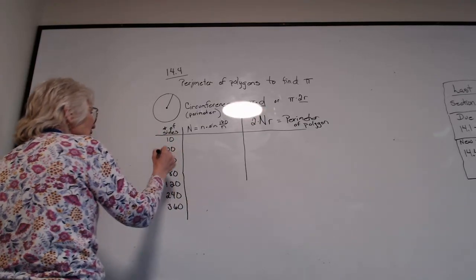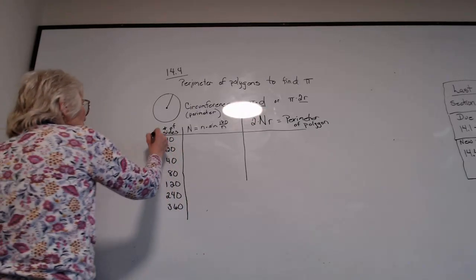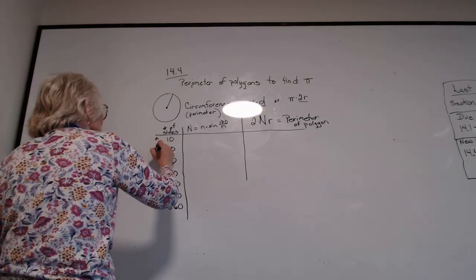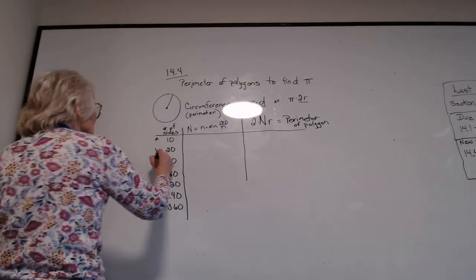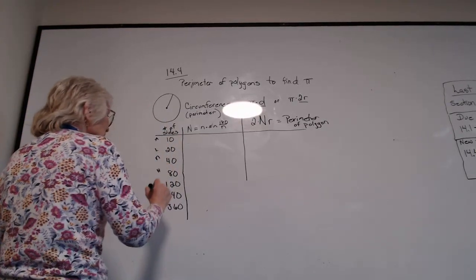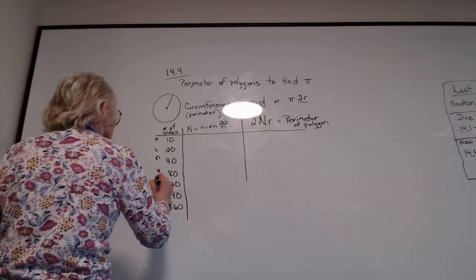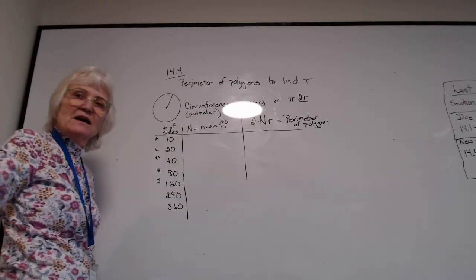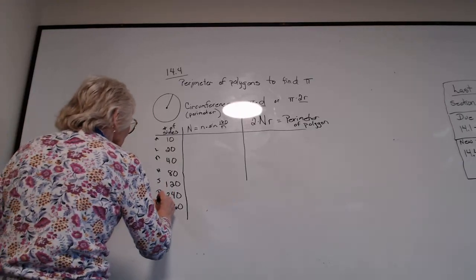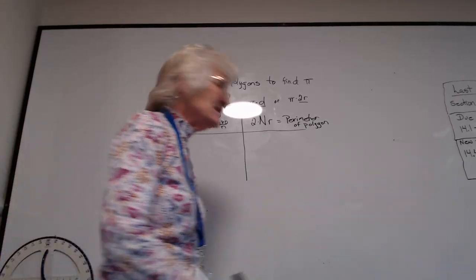So this is the number of sides. Aaron, we're going to start with you. You're taking this one. Luke, you're taking this one. Micah, you're taking 20. Harrison, you're taking 80. Jake, you're taking 120. Paxton, you're taking 240. And Lene, you're taking 360.